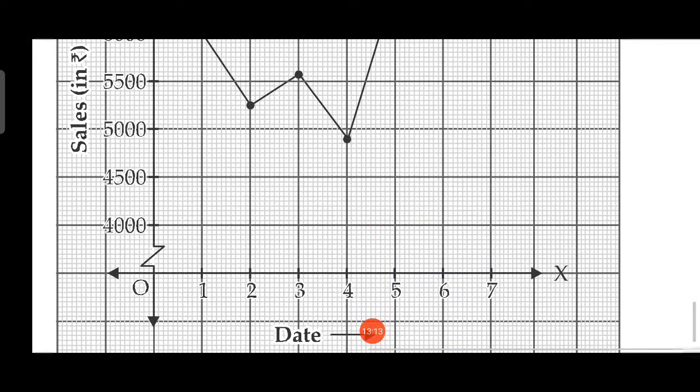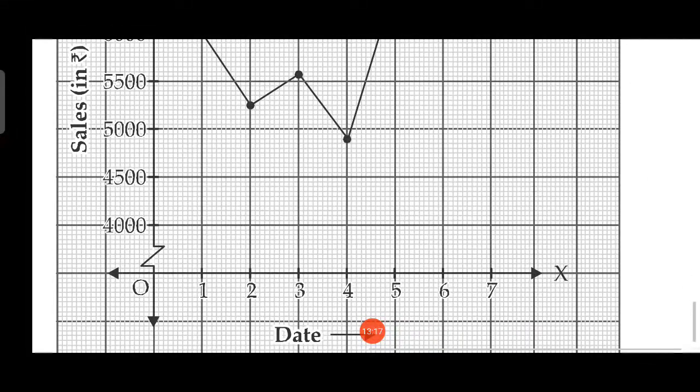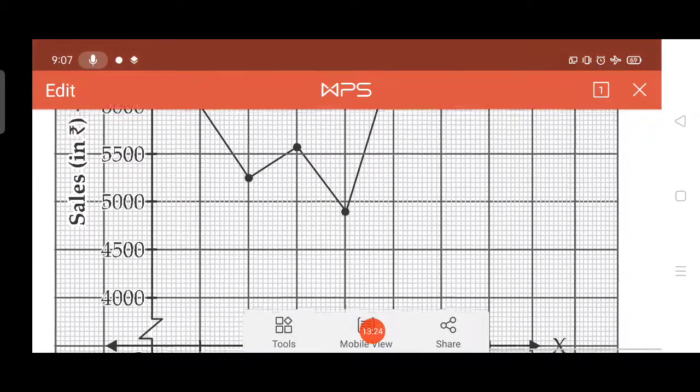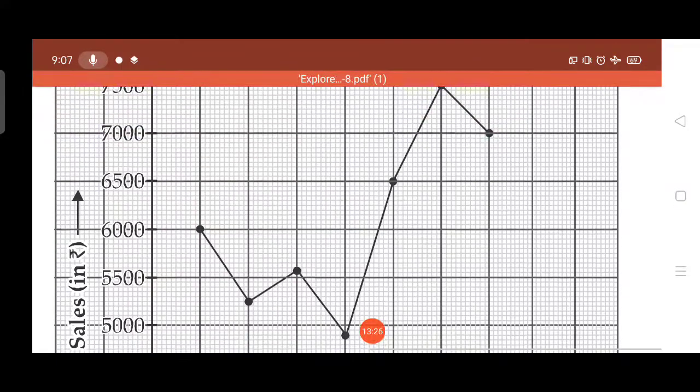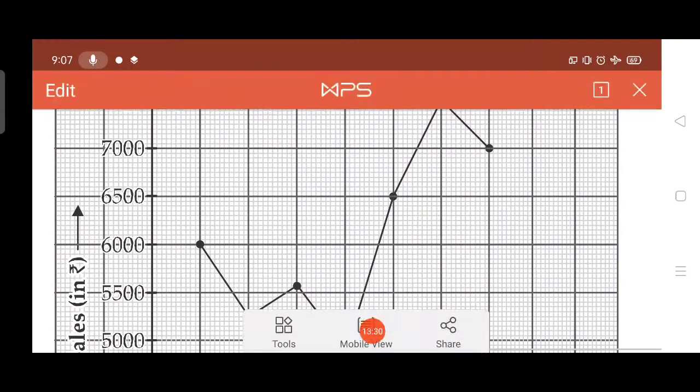Sales start with 4,000, 4,500, 5,000, 5,500, and the dates start with 1, 2, 3, 4 up to 7. Like that we can easily plot this graph.